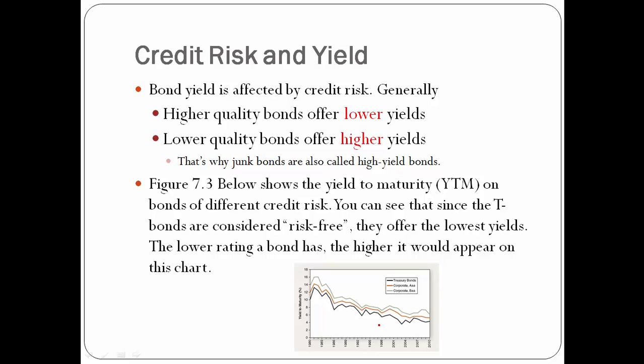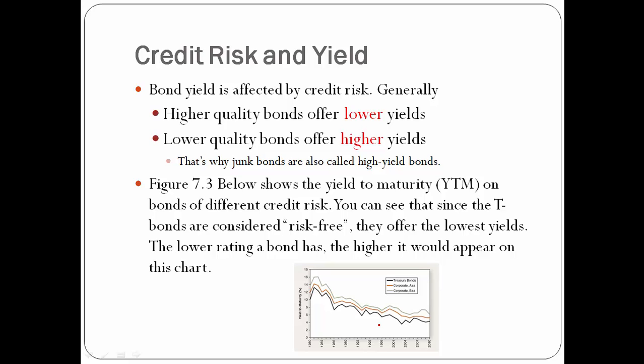Let's take a look at the relationship between risk and yield. It's pretty natural to understand that bond yield is affected by credit risk. So higher quality bonds, or bonds with lower credit risk, don't have to offer high returns to attract investors, so they offer lower yields.